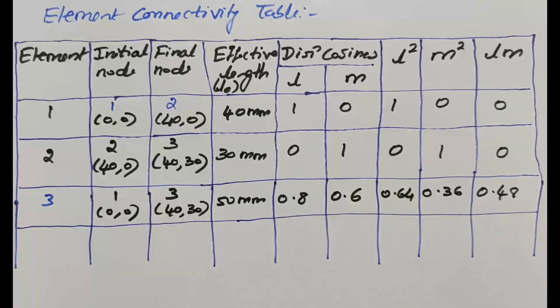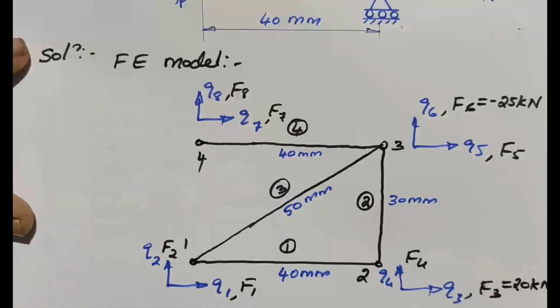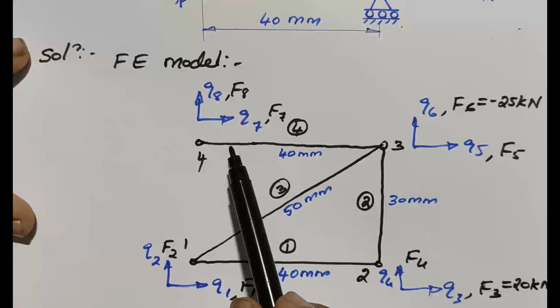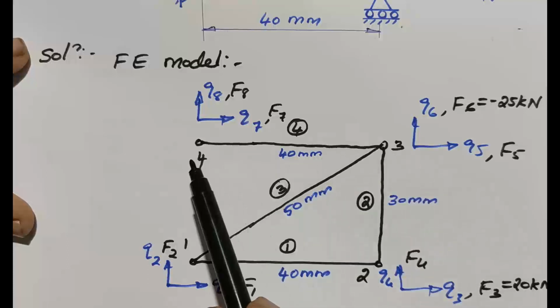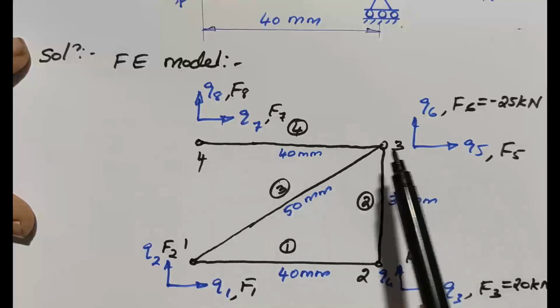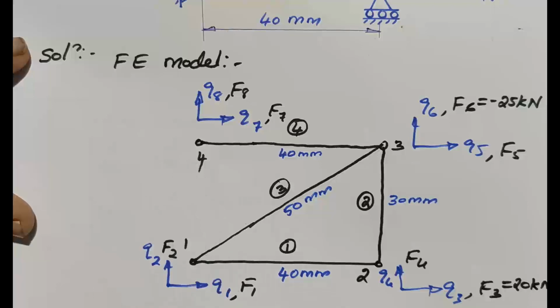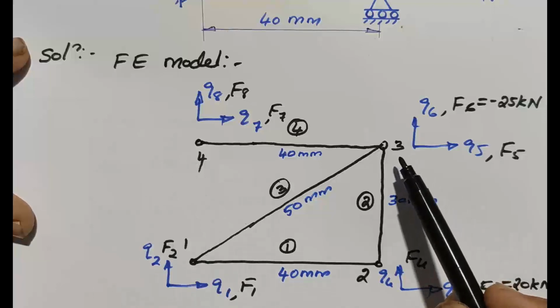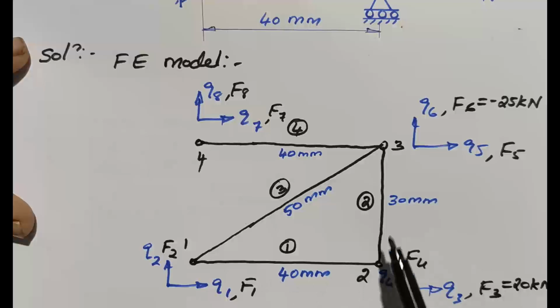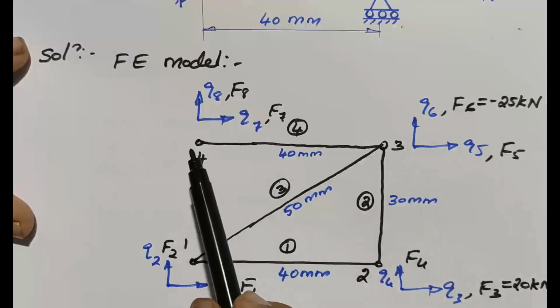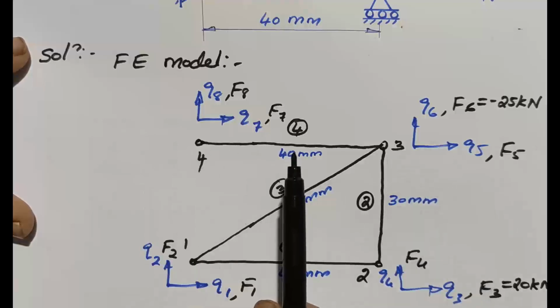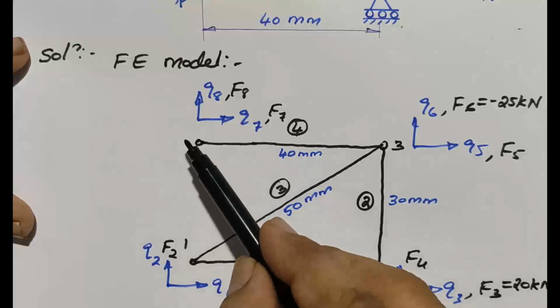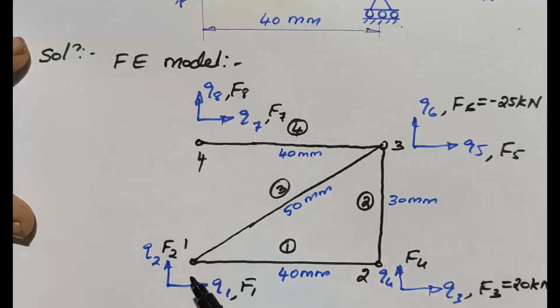Next is element number 4. See the finite element model. So this is element number 4. It connects node number 3 to node number 4. Means initial node is 3, final node is 4. For node number 3, the coordinate is 40, 30. And for 4, there is no distance in x direction, but the distance in y direction is 30 from the origin.